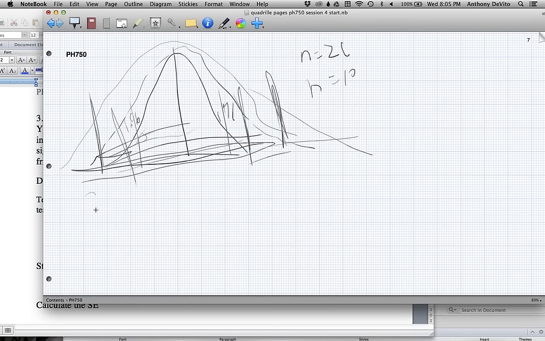A 95% confidence interval would require a z-score of 2.3 for a sample size of 10, let's say, but for a sample size of 26, it might be 2.1. And for a very large sample size, like 1,000, it might be pretty close to our 1.96. So the sample size on the distribution is kind of funky, right?